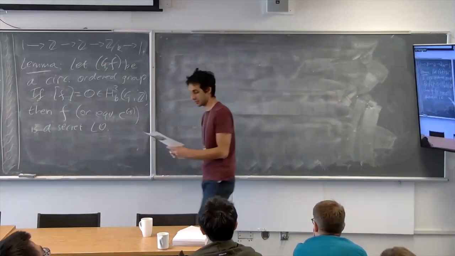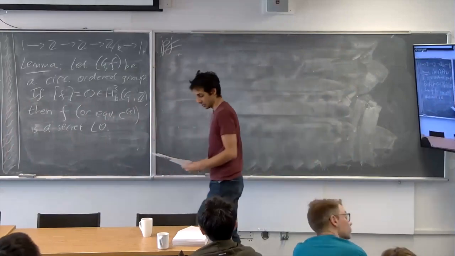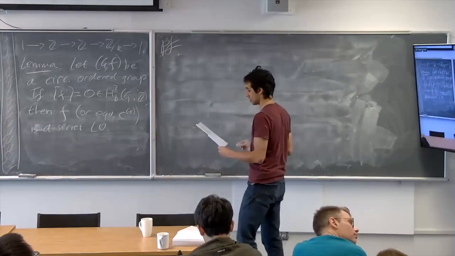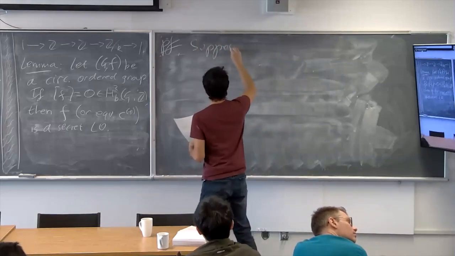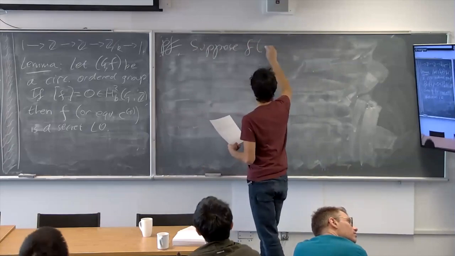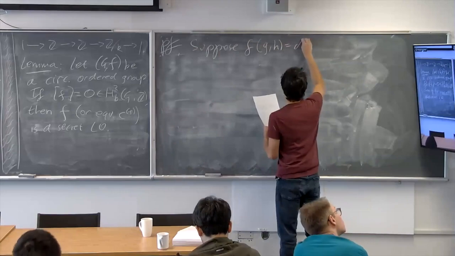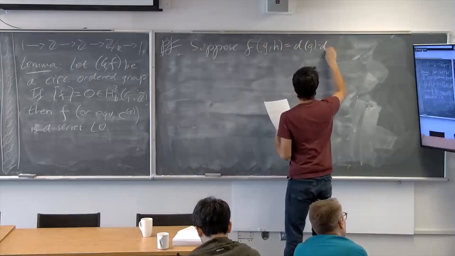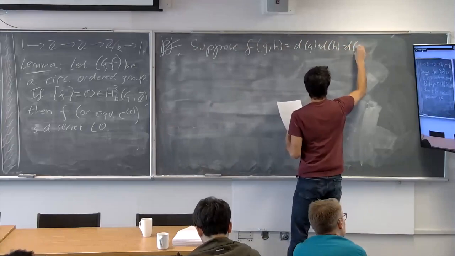All right, let's see what I can leave out of this. I'll try to sketch this without too much effort. Suppose you have f of g, h equal to d of g plus d of h minus d of gh.